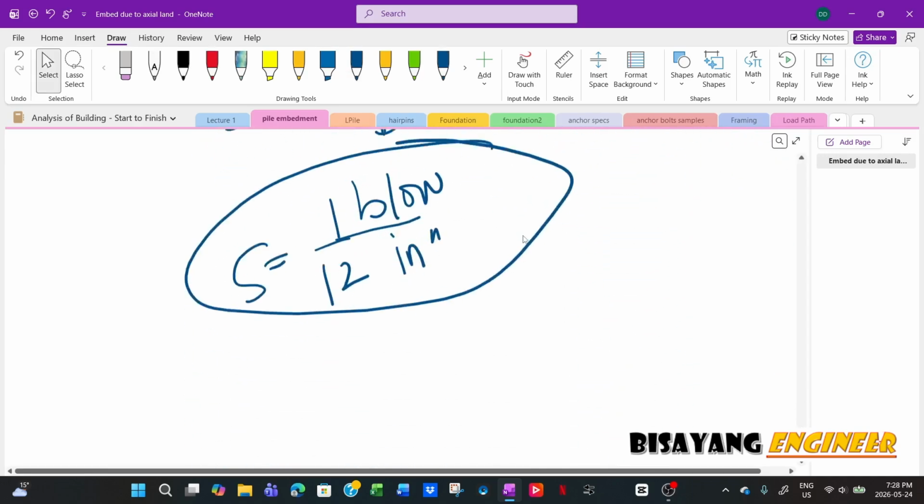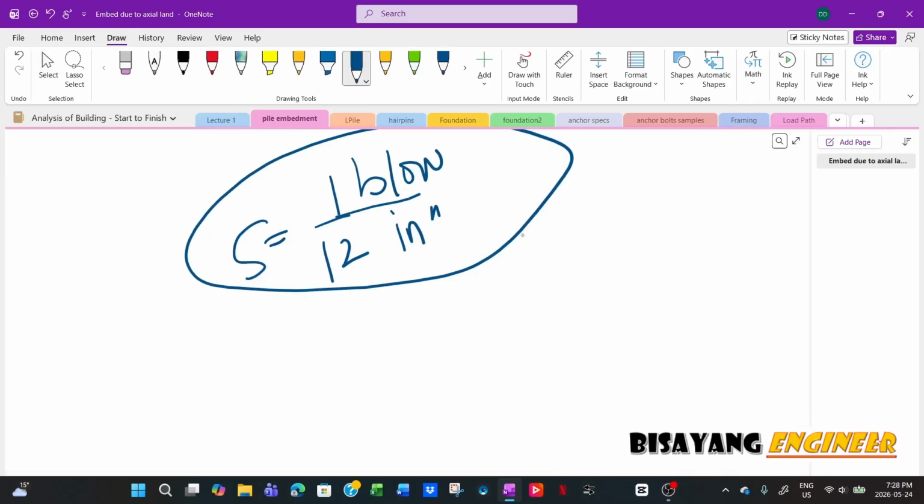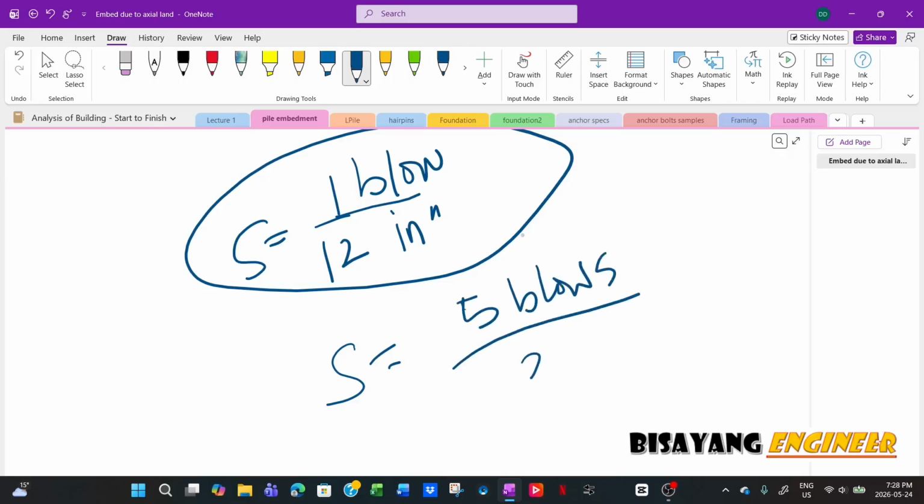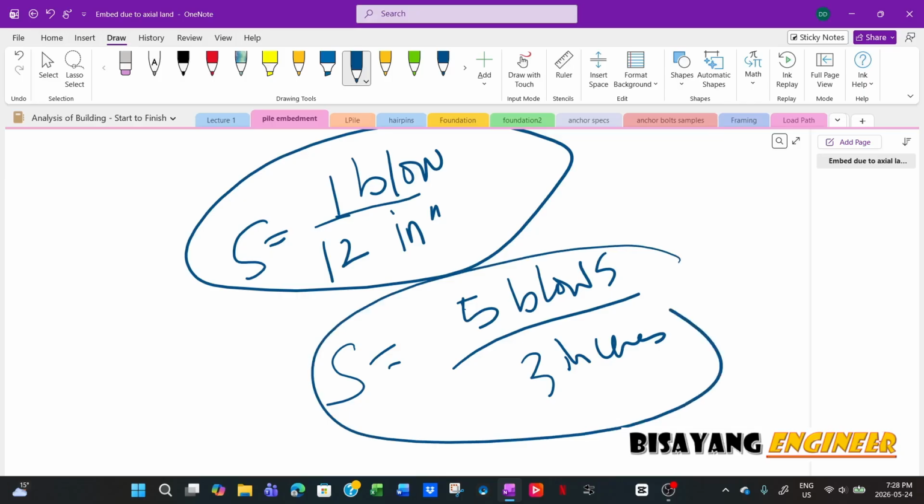So that's why this is 1 blow per inch. But for a large pile, this could be, you know, 5 blows per 3 inches, something like that. So that means this one will require more blows per inch of penetration, because the capacity or the target load for this one is larger.